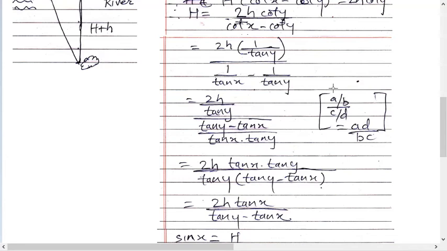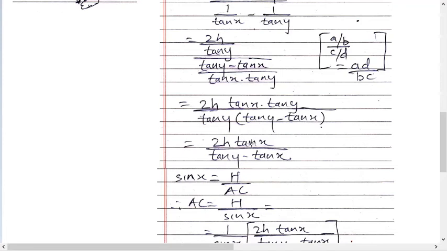Remember a upon b, the whole upon c upon d equals ad upon bc. So we get 2h tan x tan y upon tan y into (tan y minus tan x), which equals 2h tan x upon tan y minus tan x, as tan y cancels.